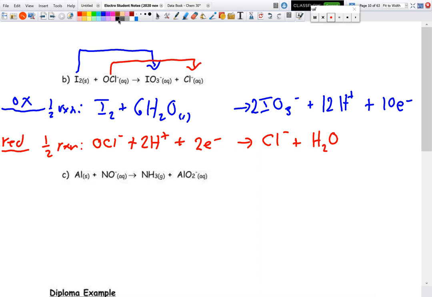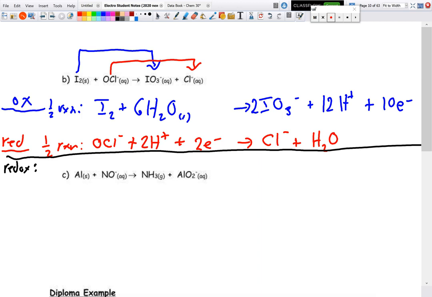Alright, now as for the net, or my redox, I'm going to add the 2 of them together. But before I do that, I need to make sure the electrons balance out. So I got 2 electrons in my reduction half reaction, 10 electrons in my oxidation half reaction. So the lowest common multiple between 10 and 2, of course, is going to be 10.